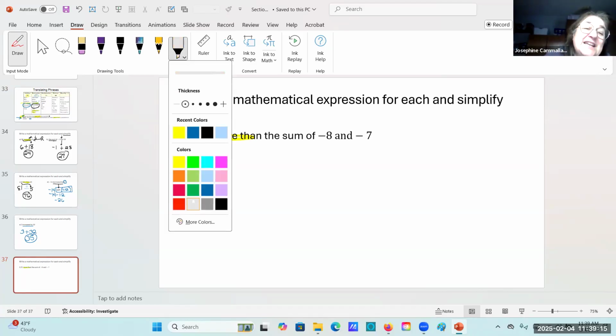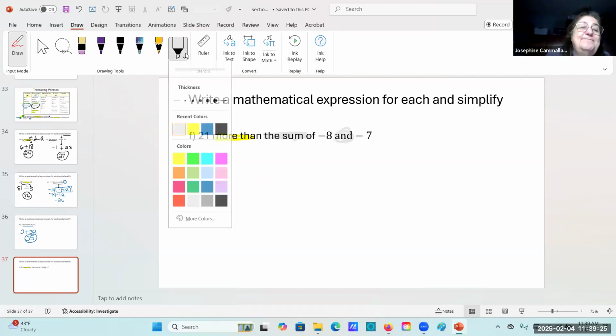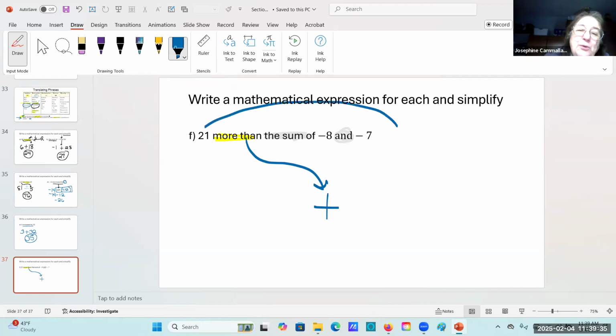But then here is the sum of and. Okay. How do we translate this? Well, the more than is going to give me a plus. This 21 has got to come back here.